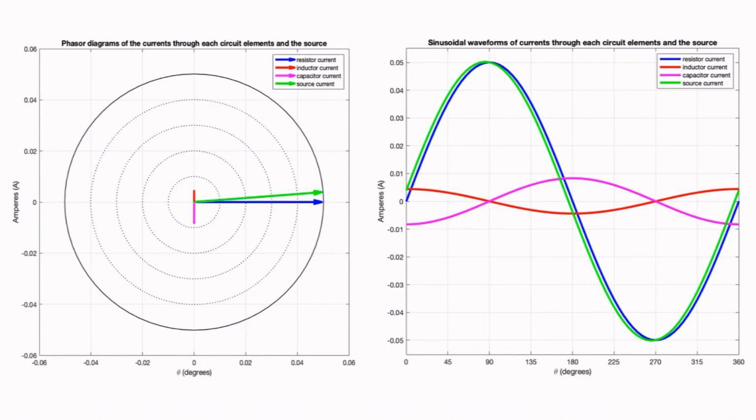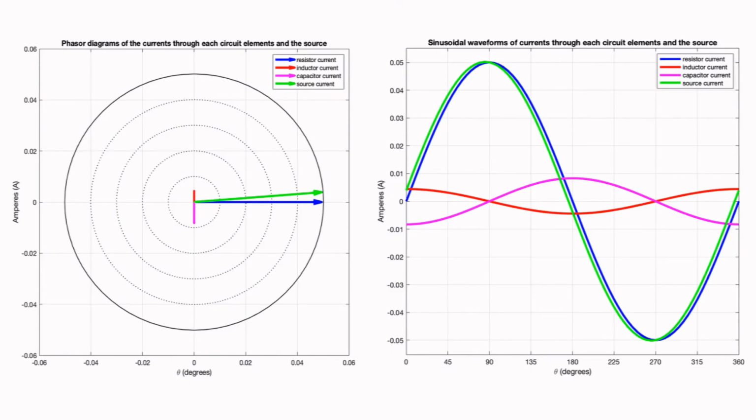We see that the contribution from the inductor and the capacitor is much smaller compared to the contribution from the resistor. So most of the source current comes from the resistor, and that is why the angle between the source current and the resistor is small, but it's not very small.